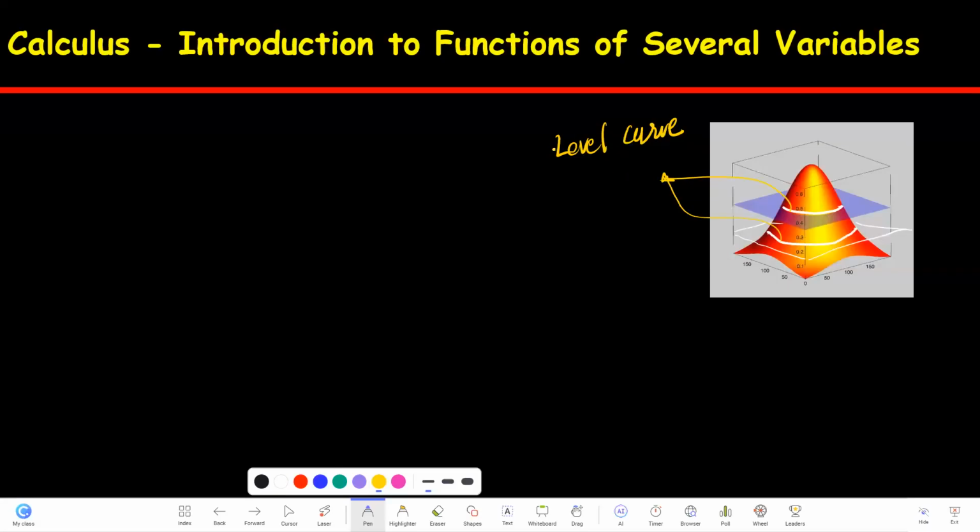Okay. And if you see from the top, sometimes you forget about everything. All you see from the top is just like this.